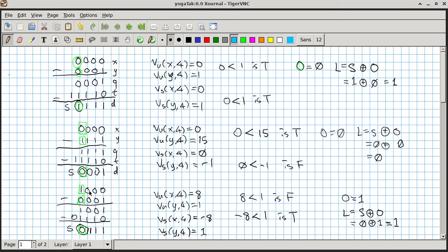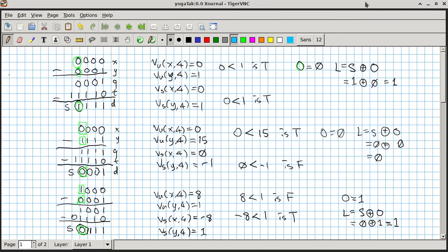A big fat 0, minus 8. And that's why it is representing -8 when you look at x from a signed interpretation. Is that okay? Is everybody with me at this point? You're good? All right.